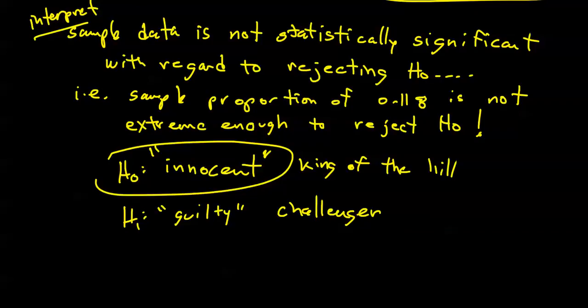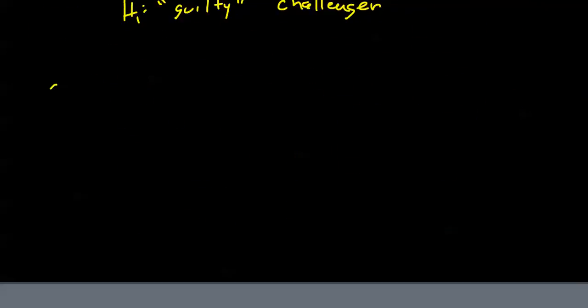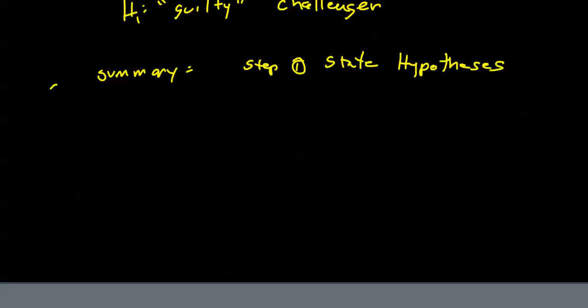All right, so summary. In hypothesis tests, the book goes through, I think, as many as 8 steps. I break it down to 3 steps. In any hypothesis test, step 1 would always be to clearly state the hypotheses, and you have to dig that out from the verbiage in the problem statement. Step 2, compute the p-value.